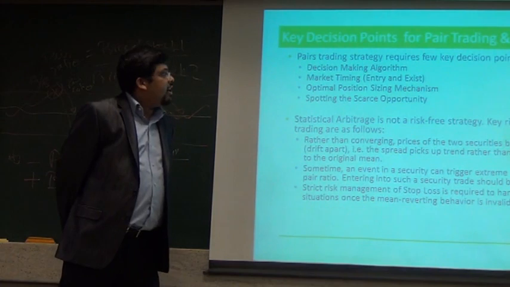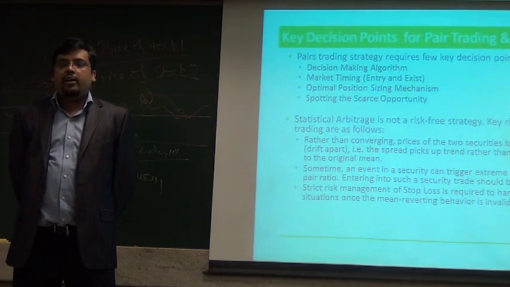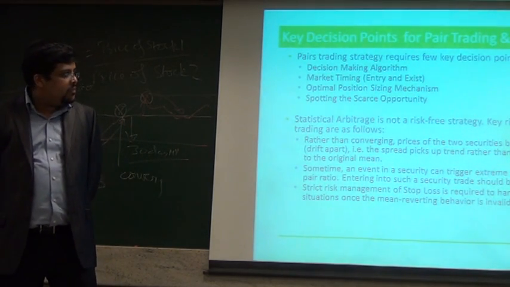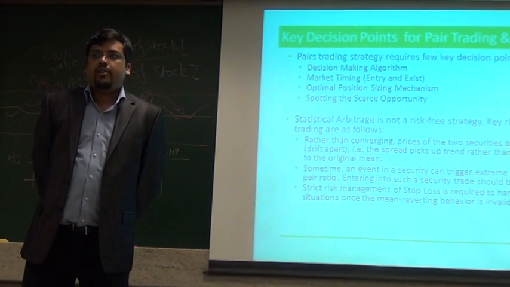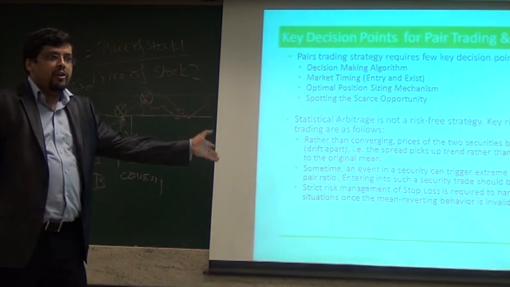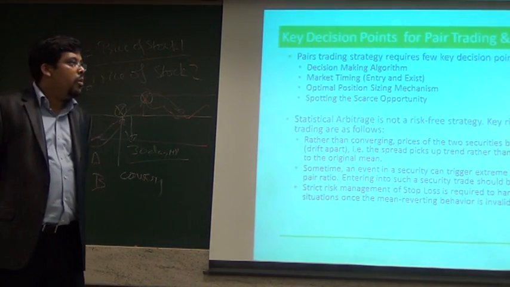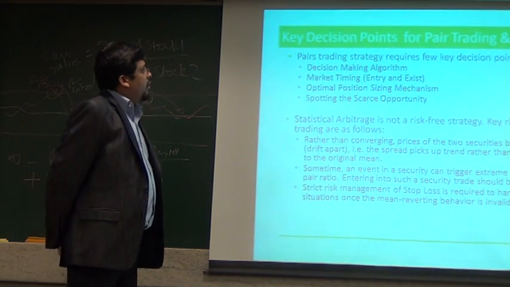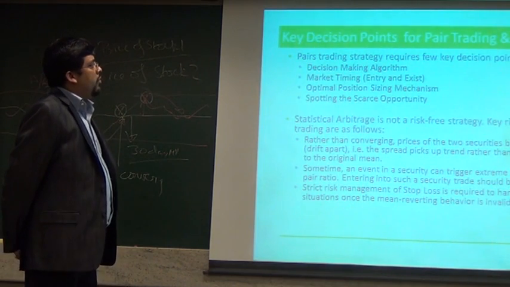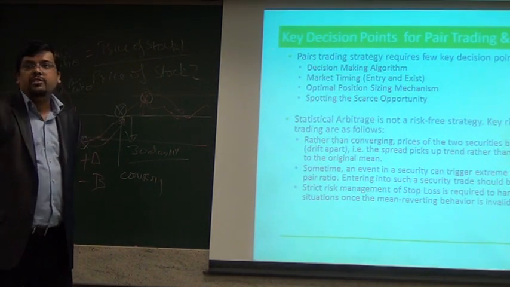For the pair trading strategy, I'm first taking you through the theoretical part, and I'll show you some Excel and we'll do some work on co-integration, how co-integration really works, and we'll discuss it. It's a theoretical part, but it's very important because it's the whole process through which we go about it. Your first pair trading strategy requires a few key decision points. The decision making algorithm is the first thing.